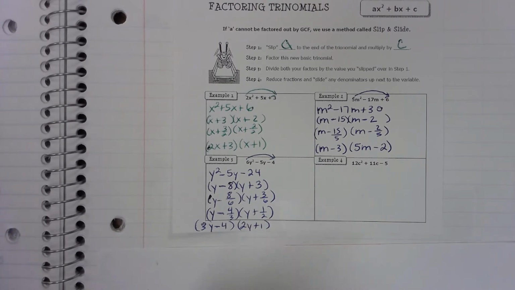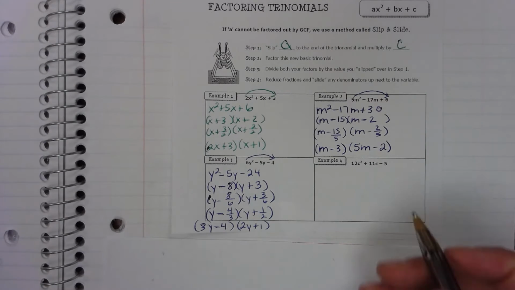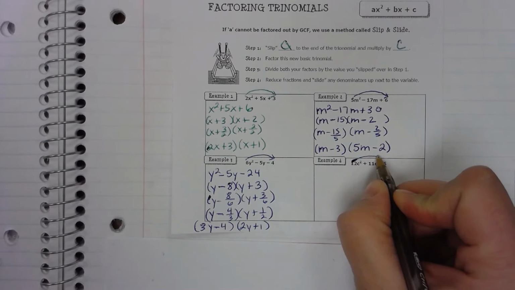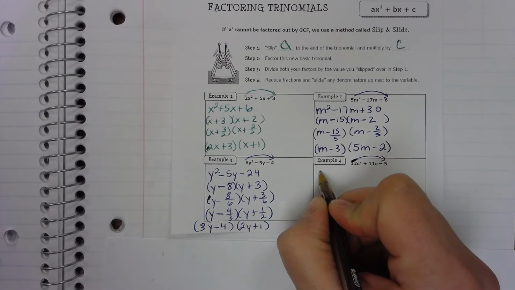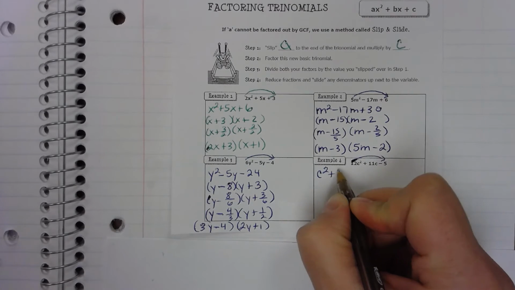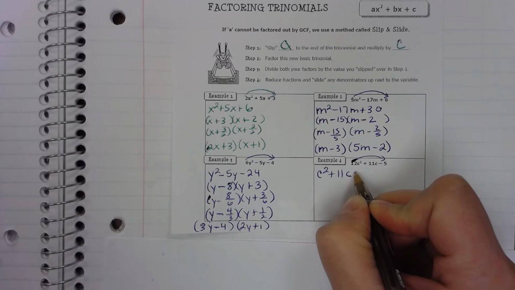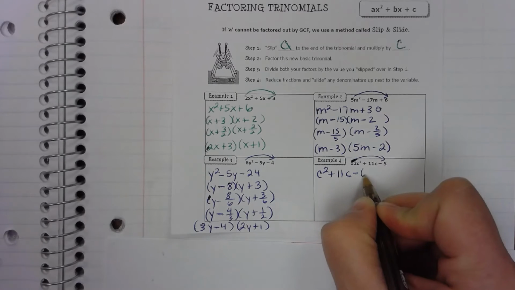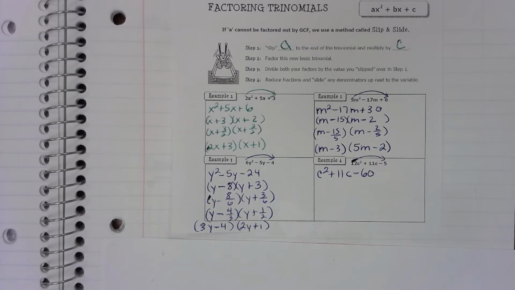And our last example, we multiply 12 times 5, so we have c squared plus 11c minus 60. What are the two factors of 60 that add up to 11? So we're looking for negative 60.